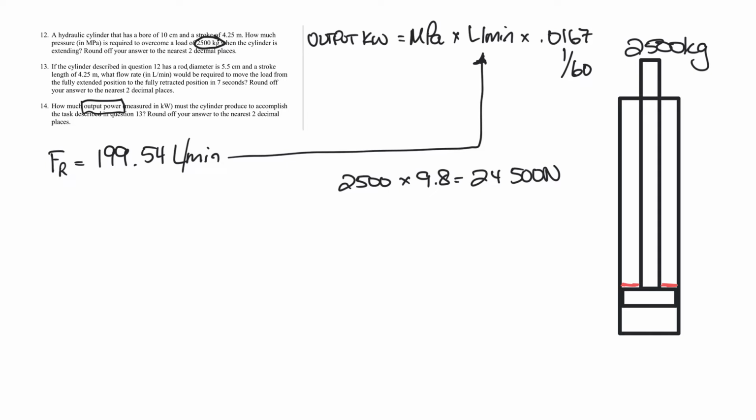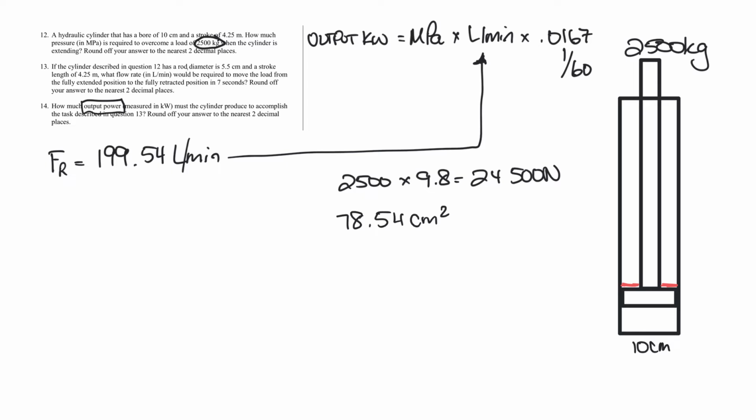In 13, we calculated that the area of our piston, the major area of our piston, was going to be 78.54 centimeters squared. So 78.54 centimeters squared was going to be this 10 centimeter diameter piston's area. So that works.